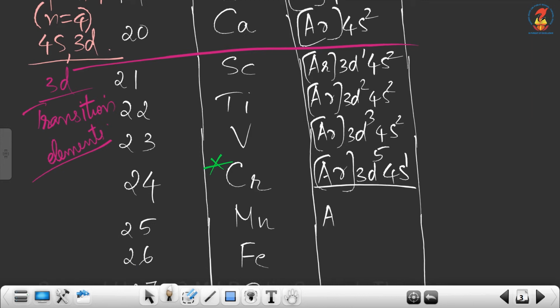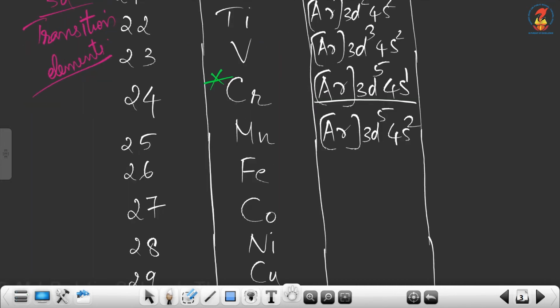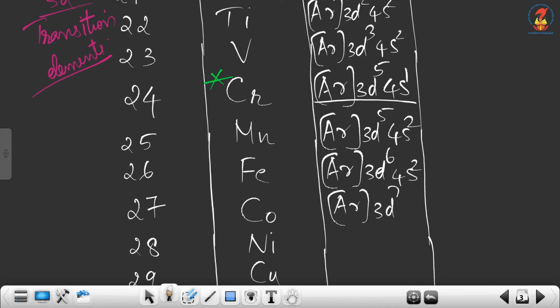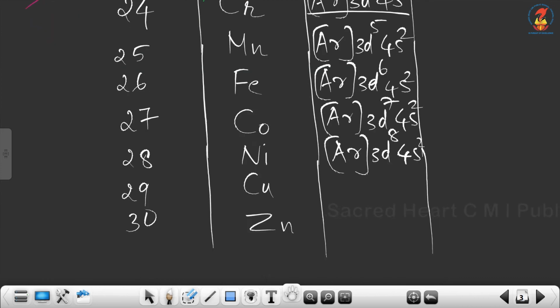Now manganese takes argon 3d5 4s2. Iron takes argon 3d6 4s2. Cobalt is argon 3d7 4s2. Nickel is argon 3d8 4s2.